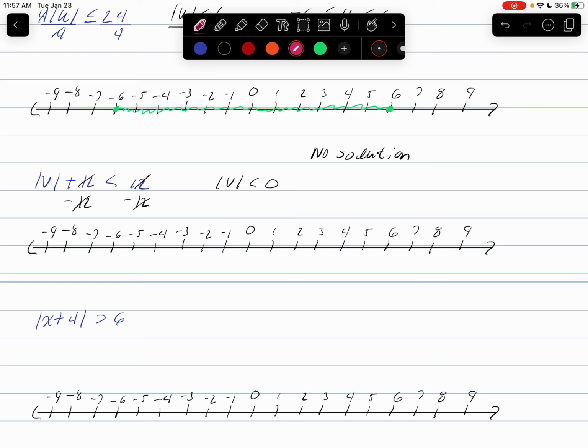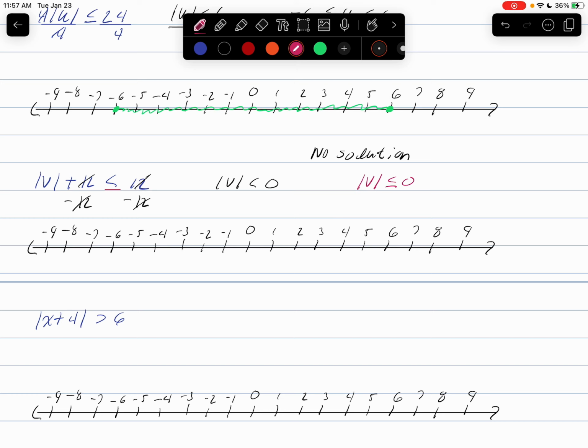Fun question though. What if we had added a less than or equal to sign here, and instead this had become the absolute value of v is less than or equal to 0? What would the answer be here? Well, that would mean we're considering all points of v whose distance from 0 is either 0 or is less than 0.